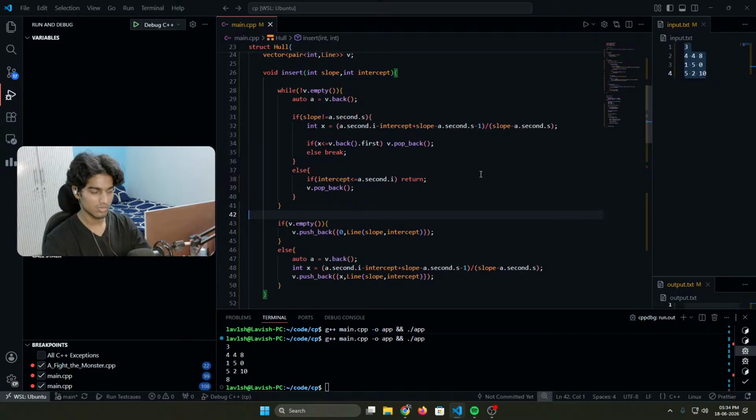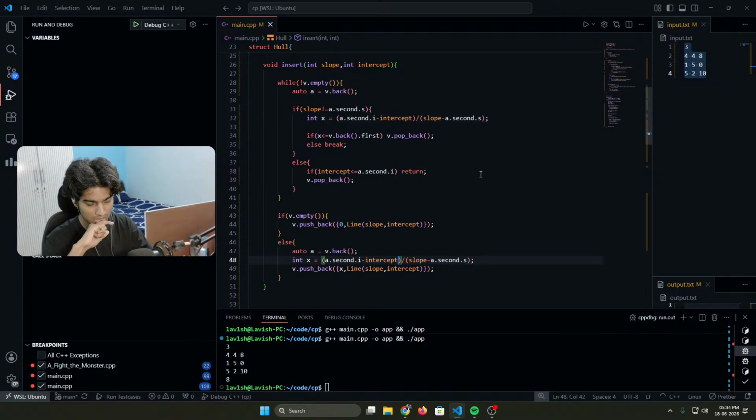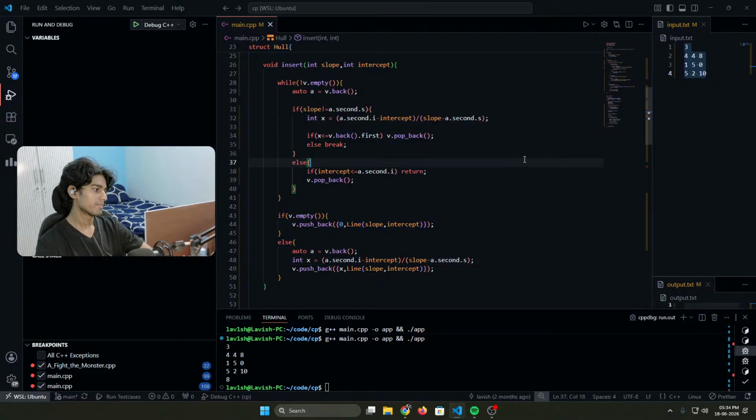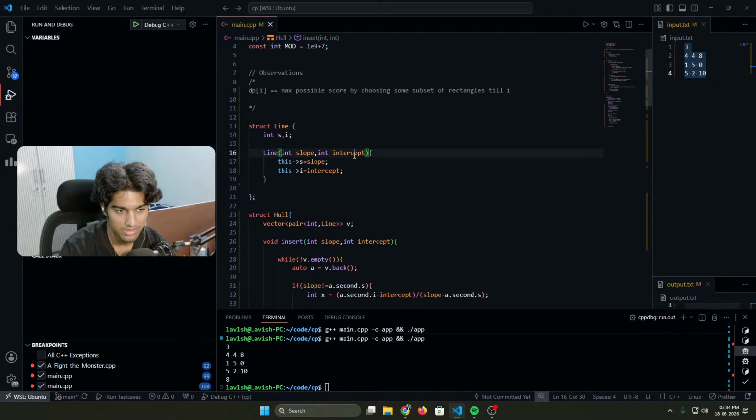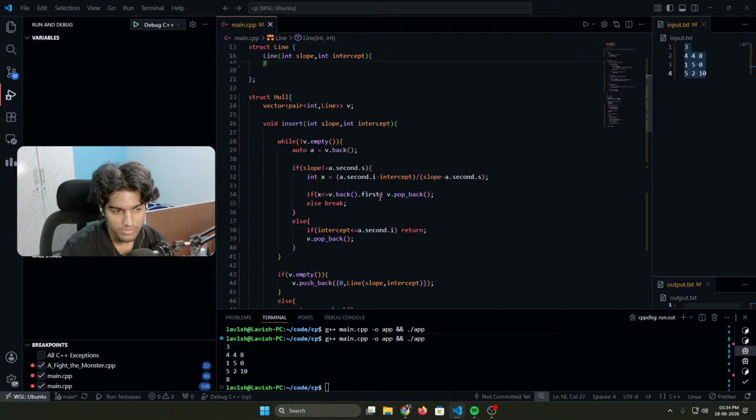That was not the issue. Why am I having 8 as an answer? We only have intercept and these two things we are using to calculate answer. Right.